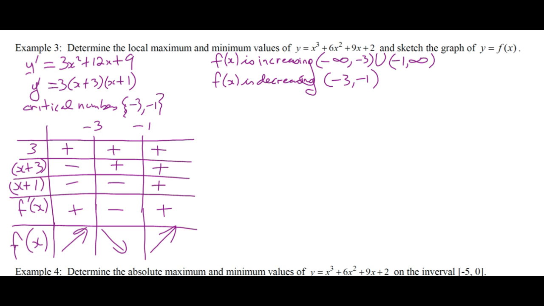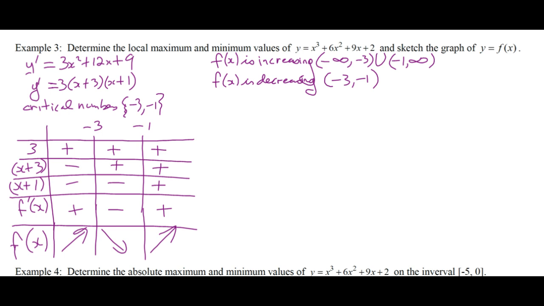And then something is happening at -3, and something is happening at -1, which is not a surprise for this function, because we know this function. So we know we have a local maximum, and we know we have a local minimum, and we know they're locals because it's a cubic, and so the domain is all real numbers, right? Okay.